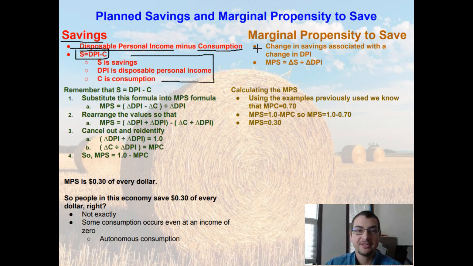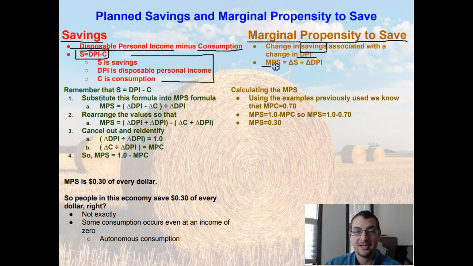So then we have this nice little fancy phrase, marginal propensity to save. Just like the marginal propensity to consume, it means roughly the same thing, only we're going to change one little word, from consume to save. So the marginal propensity to save is the change in savings associated with the change in disposable personal income.